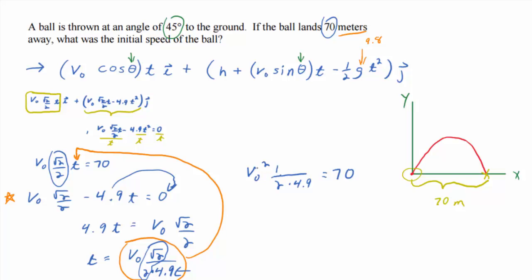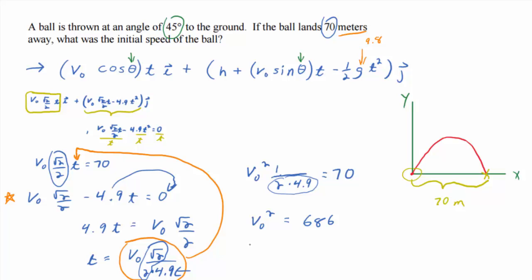Then I'm going to multiply both sides of this equation by 9.8, since that's what 2 times 4.9 is. Then v naught squared is equal to, if you do that, 686. You should get 686. v naught squared equals 686.